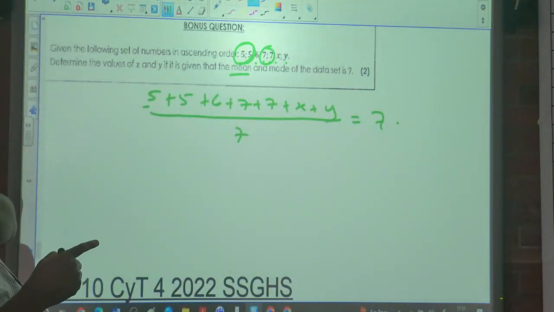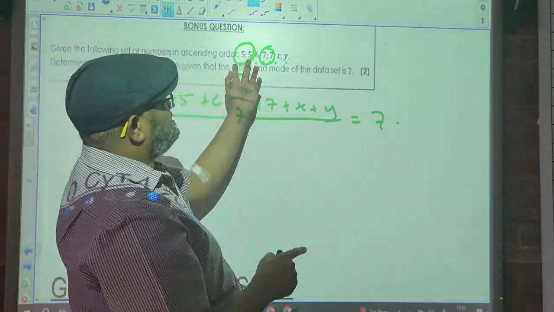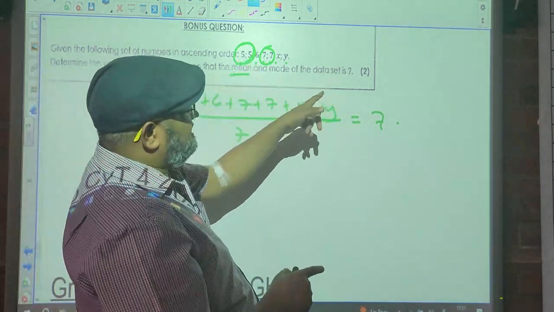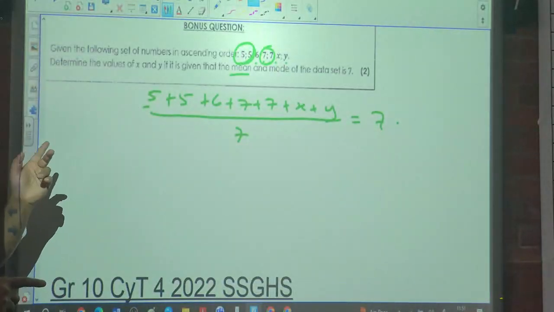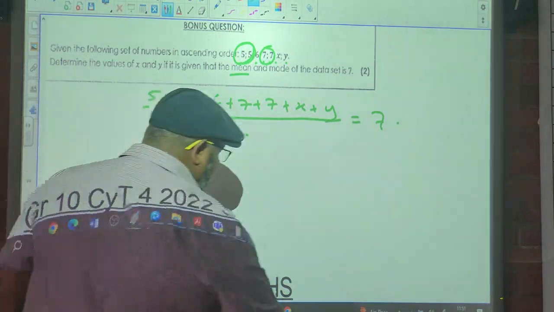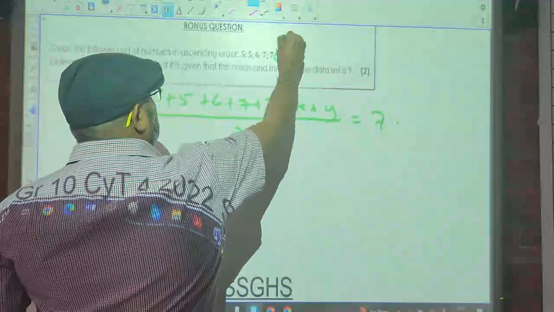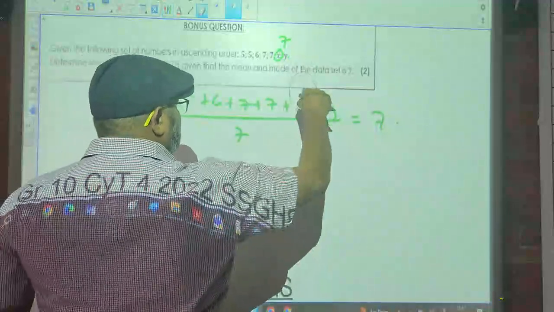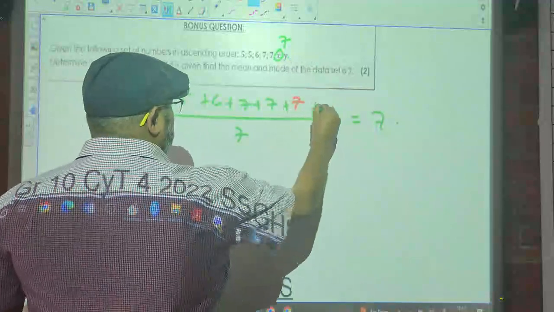Because 7 occurs twice and 5 occurs twice, the mode should have been 7 and 5. The mode is the number that occurs the most, so x has to be 7. So that has to be 7 here for the mode to be 7.